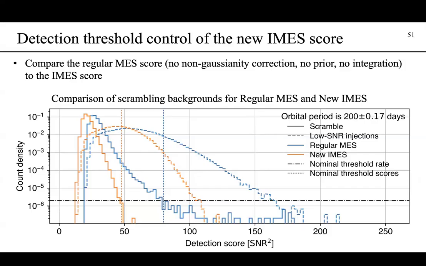And the answer comes from an experiment like that. So we took the scramble tests, which are the solid lines, and we took the injection tests, which are the dashed lines. And basically we asked the following question: reliability in principle should set for us the detection threshold.